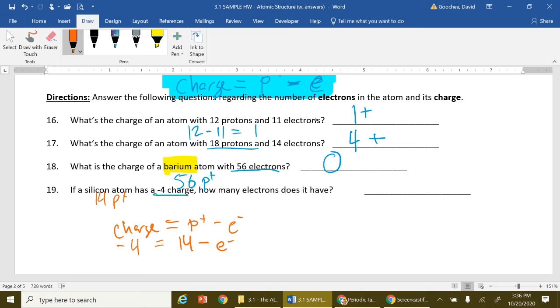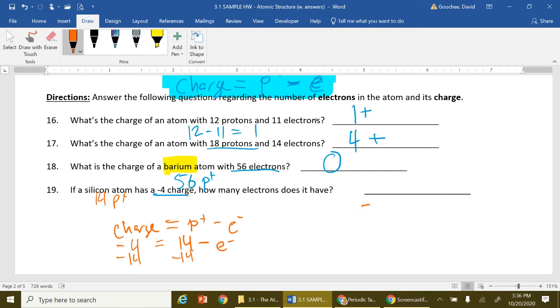Okay, so what can I do here? Well, I can subtract 14 from both sides, and I get that negative 18 is equal to negative the number of electrons, so there's 18 electrons. That's one way to do it using this equation.